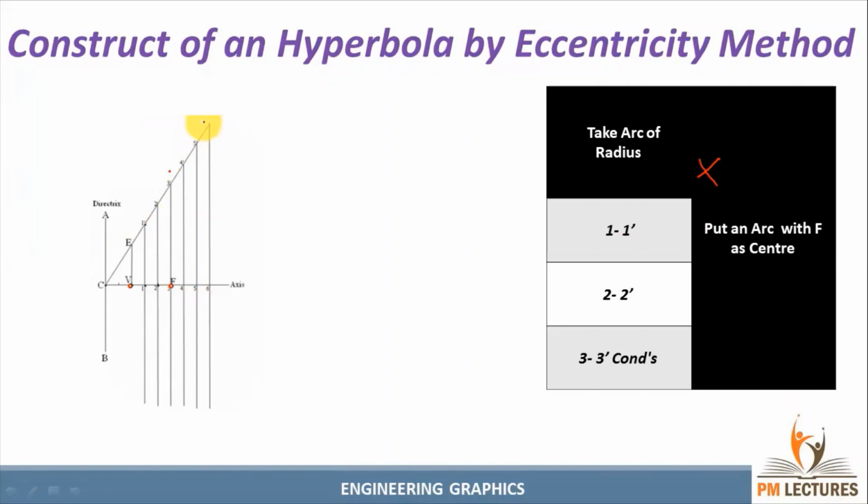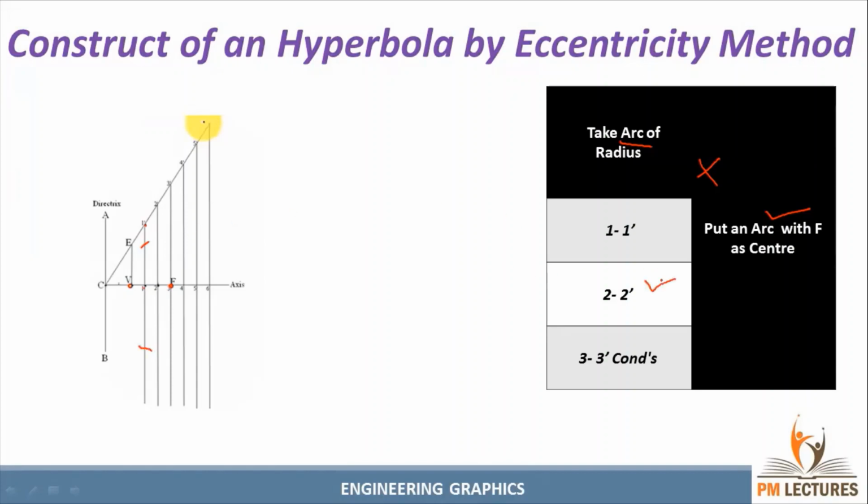After giving these names, measure 1 to 1 dash with your compass, and with F as the center, keep one leg of your compass at F and put an arc on both sides of the 1 to 1 dash line.